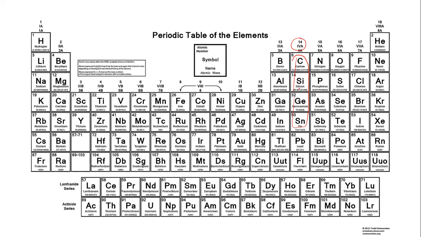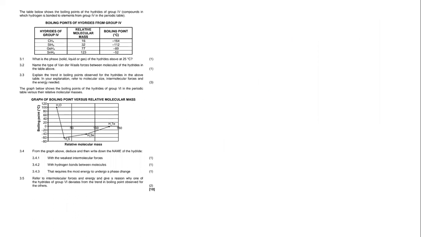All of these four elements, when they react with hydrogen atoms, form what you call the hydrides. So these are the four hydrides they are talking about, with different boiling points and, most definitely, different relative molecular masses.